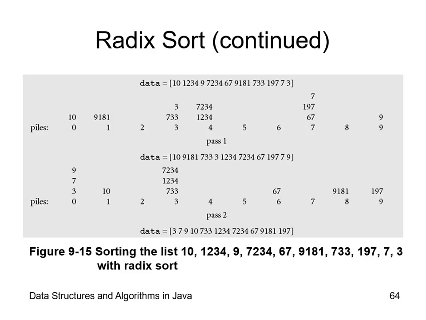Pie. What does pie mean? You know what pie means? A pile of things. Yeah, a pile of things. I pile things up together.